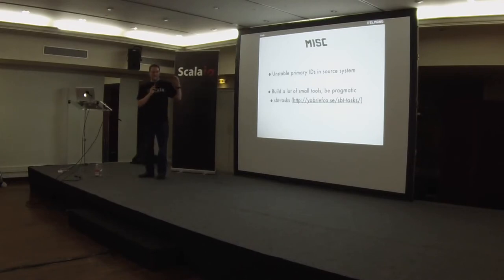One thing I found to be really useful is to not try to build a big migration pipeline, but rather chop it into little pieces and make as many tools as you can to do this kind of data quality control. There is this tool called SBT tasks, if you don't want to learn how SBT works, which lets you really easily add new commands to the SBT console.